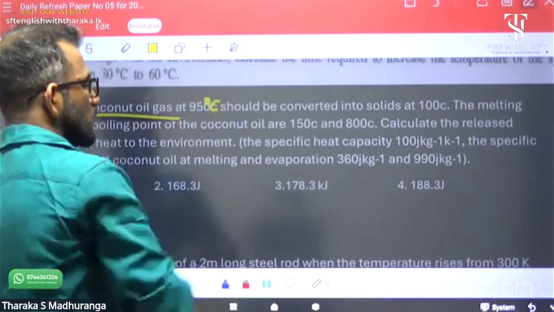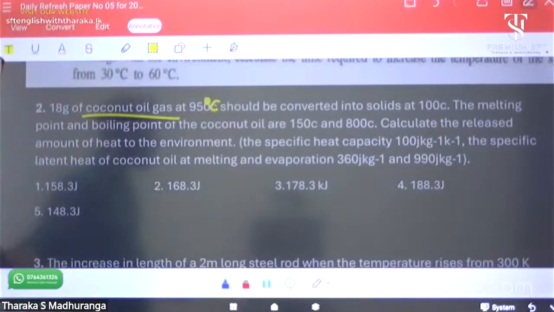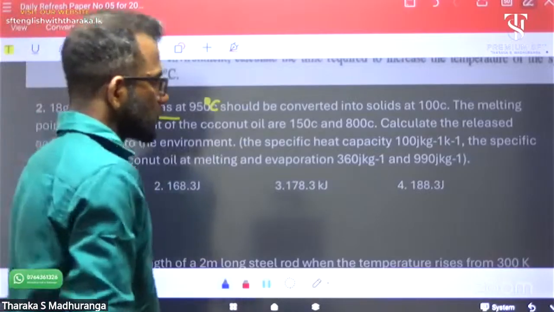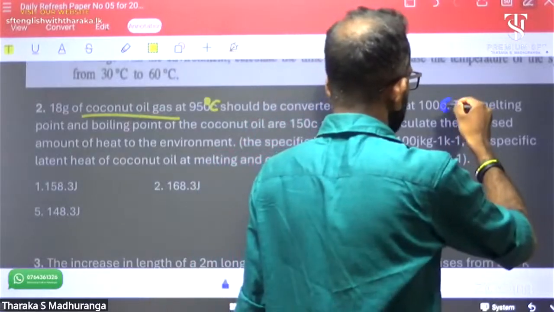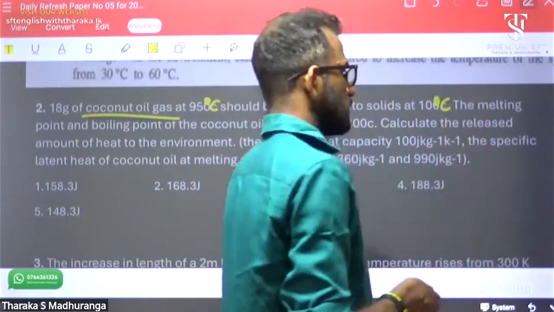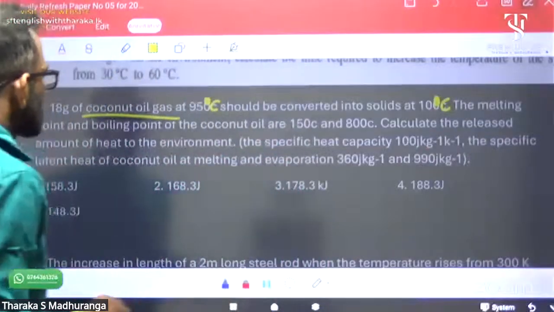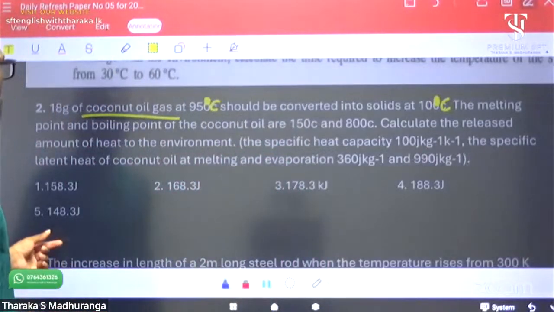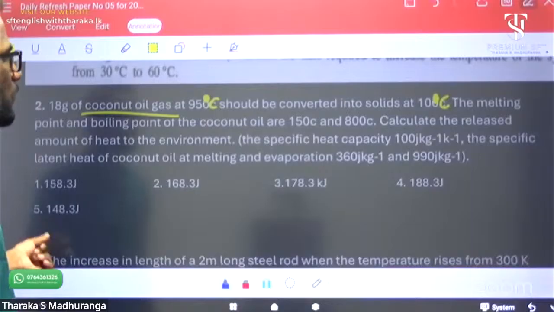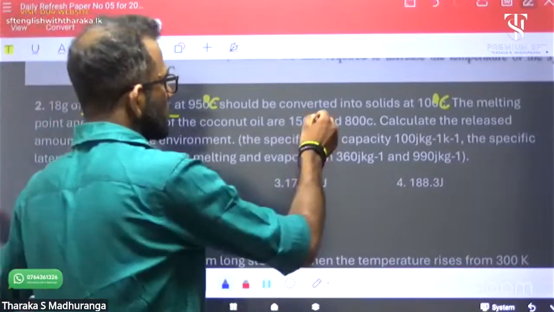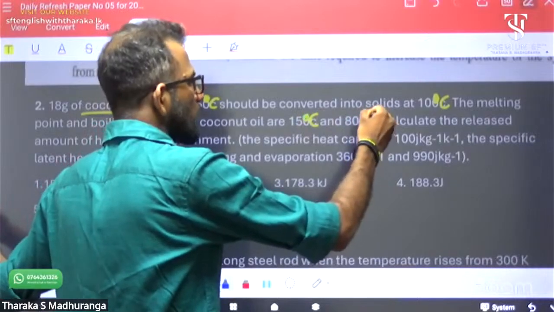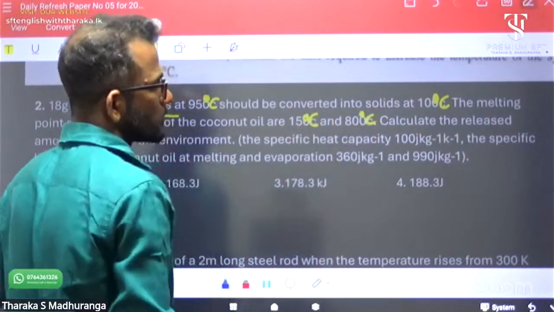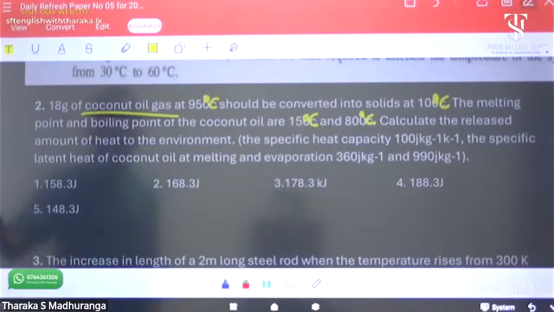The gas at 95 Celsius should be converted into solid at 10 Celsius. Please correct this: 10 Celsius. The melting point and the boiling point of the coconut oil are 15 Celsius and 80 Celsius. Calculate the amount of heat released to the environment.